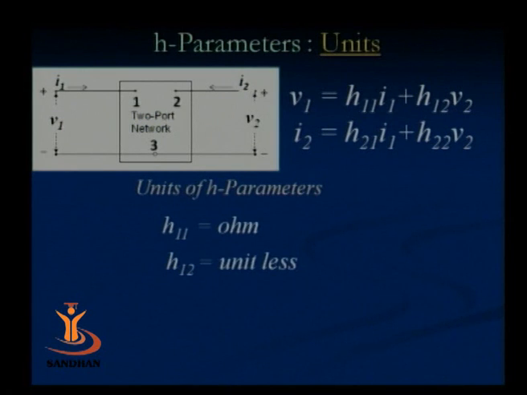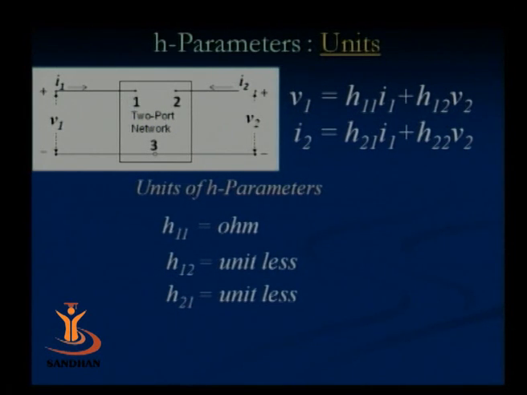Likewise, the second parameter, H12. It is already multiplied by the voltage, so H12 should not have any unit because V2 is already voltage. So H12 is unitless. And now you can easily derive the unit of H21. Once again, I2 is the linear combination of 2 terms, H21 I1 plus H22 V2.